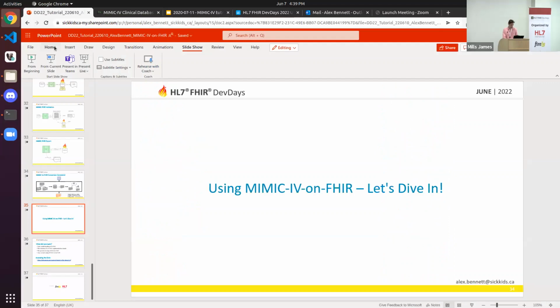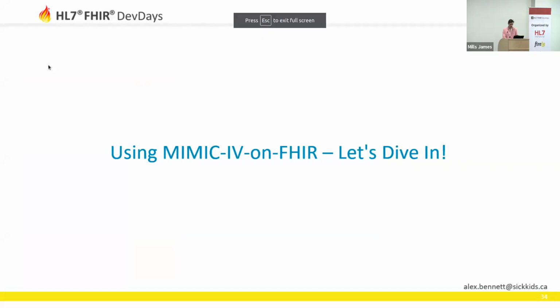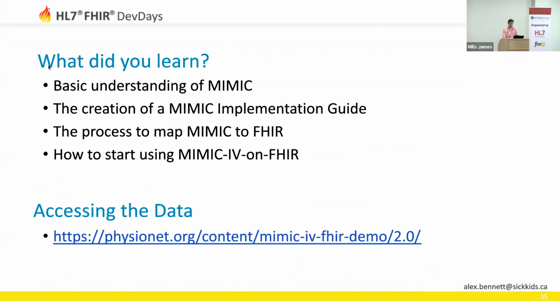And so I will just get back to my summary slide. I went through the basic understanding of Mimic, as well as the creation of the Mimic implementation guide. And we stepped through that process of mapping Mimic to FHIR, as well as how to start using MIMIC-IV-on-FHIR.